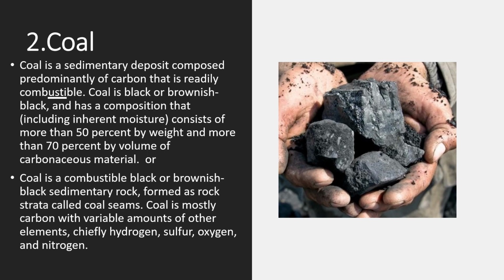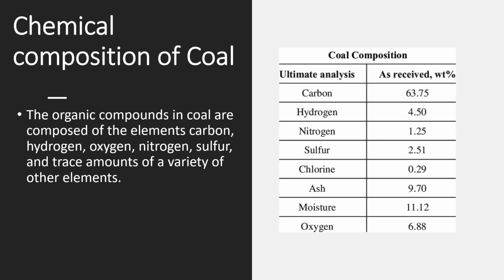Coal is mostly carbon with variable amounts of other elements, chiefly hydrogen, sulfur, oxygen, and nitrogen. The organic compounds in coal are composed of the elements carbon, hydrogen, oxygen, nitrogen, sulfur, and trace amounts of a variety of other elements.